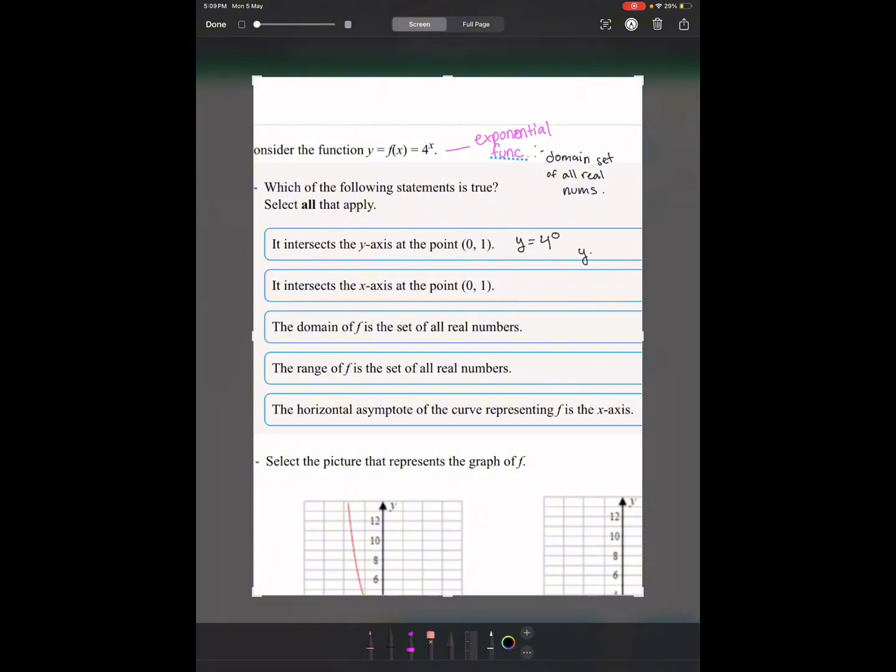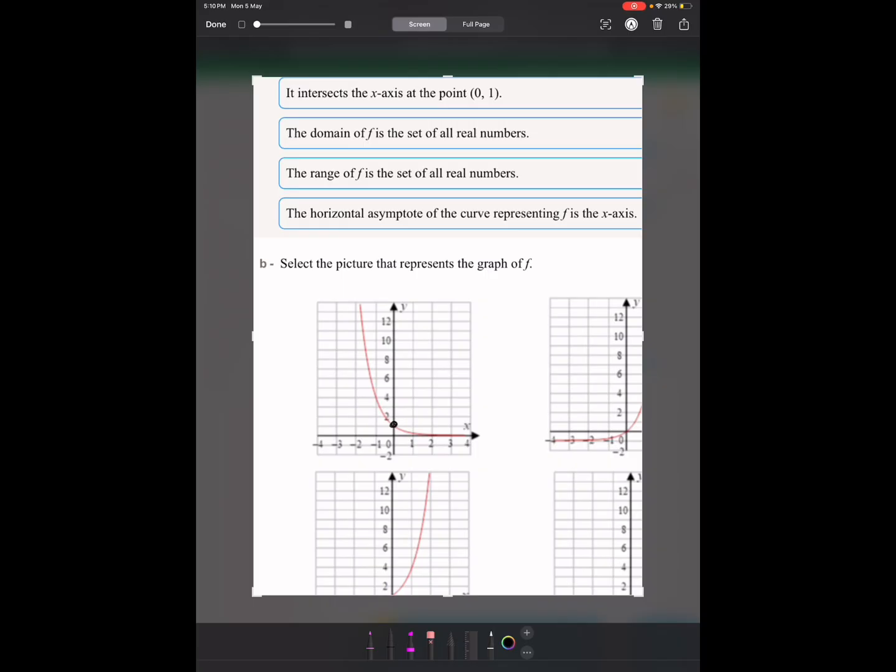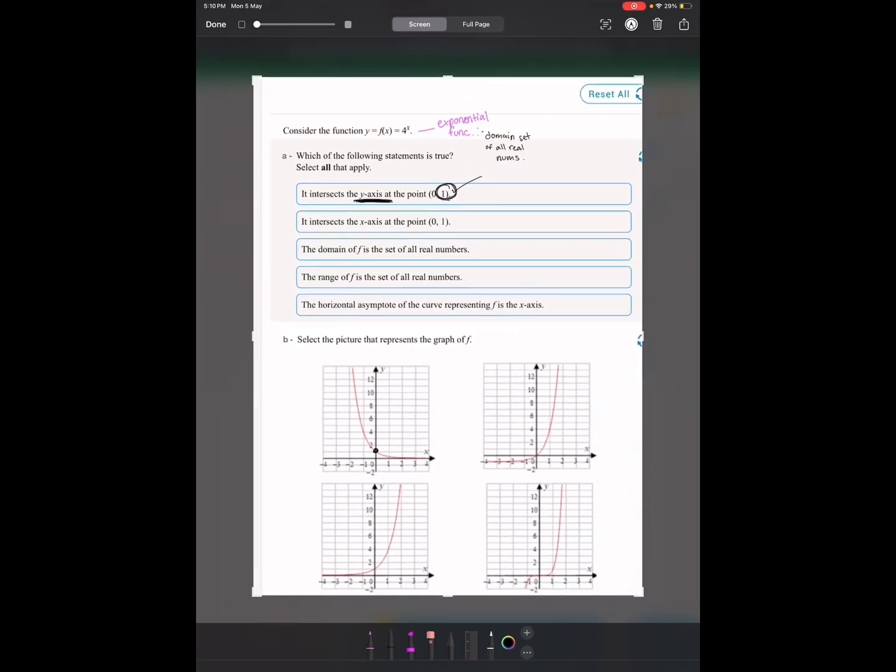You get y equals 1, of course. So this is correct. It intersects the y-axis at 1 here. It does not intersect the x-axis.